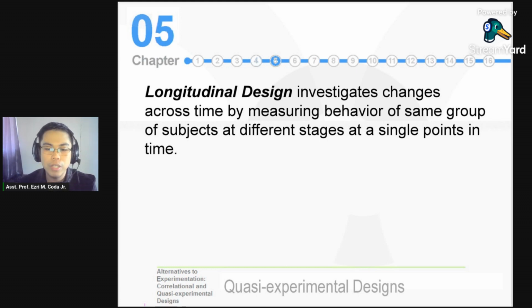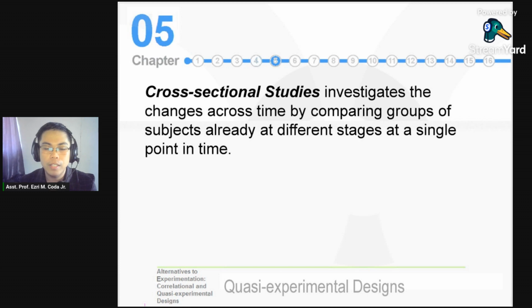Yan yung longitudinal designs. Now, moving on, meron din tayong cross-sectional studies, where it investigates the change across time by comparing groups of subjects already at different stages at a single point in time. So, as compared to longitudinal design, same groups yon, same subjects yon. Ibig sabihin, tinest sila, for example, on 2005 at nagkaroon na naman ng test on 2010.